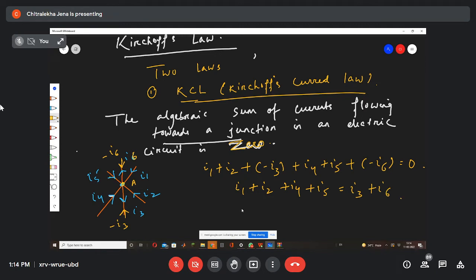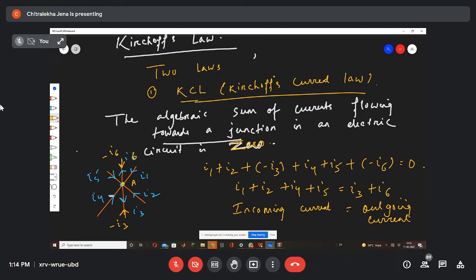Am I correct or not? Yes, ma'am. So these are incoming currents, and incoming currents are equal to the outgoing currents. Clear to all of you?